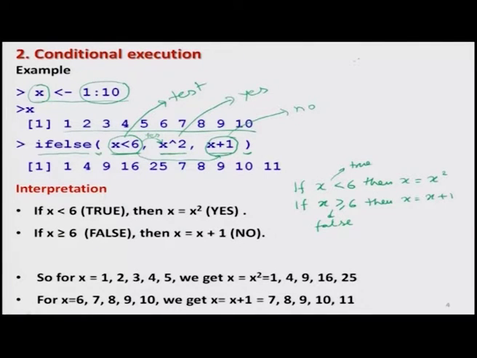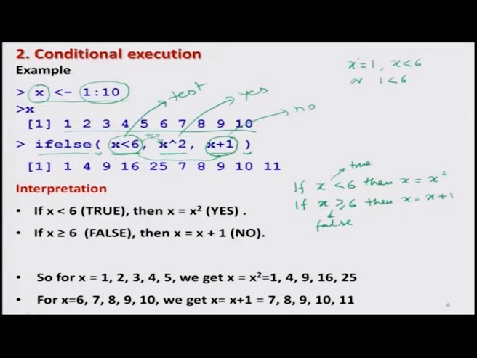Now, let us see what this program is really doing. You can see x takes values 1 to 10. So, let us take the first value, x equal to 1. Now, I have to compare with the condition x less than 6. That means 1 is less than 6. There are two options: either this can be true or this can be false.